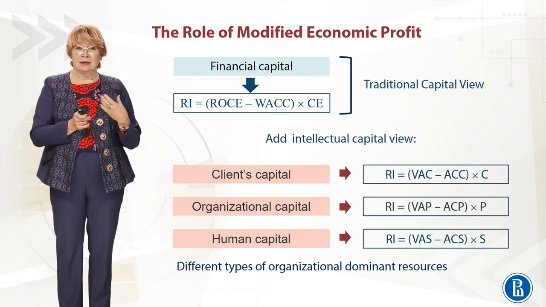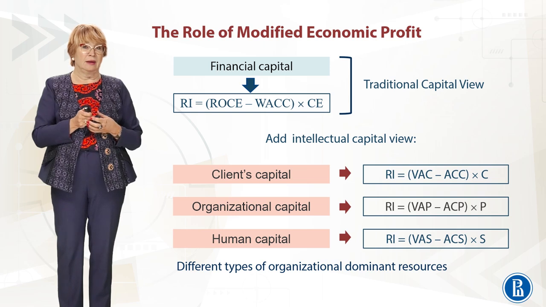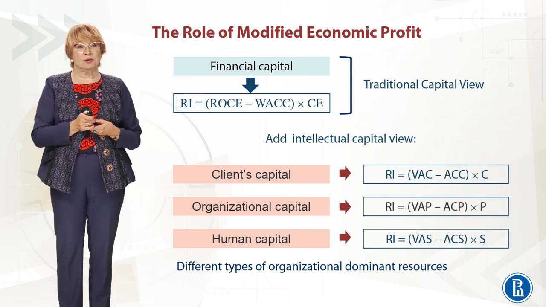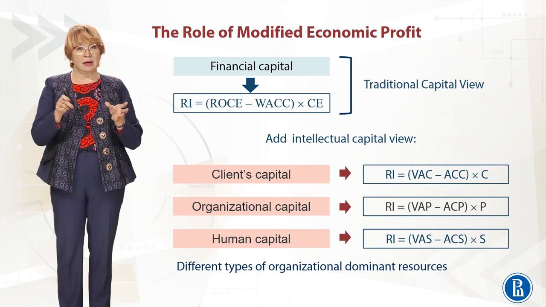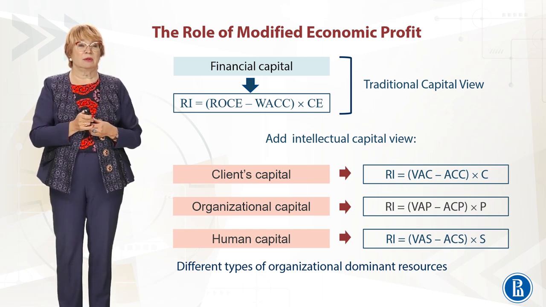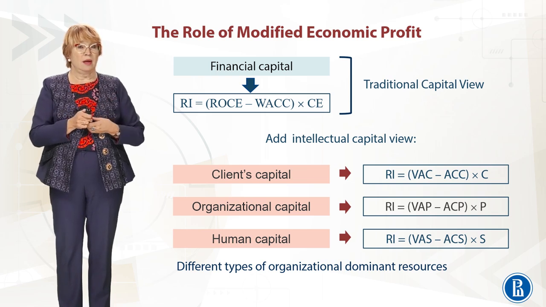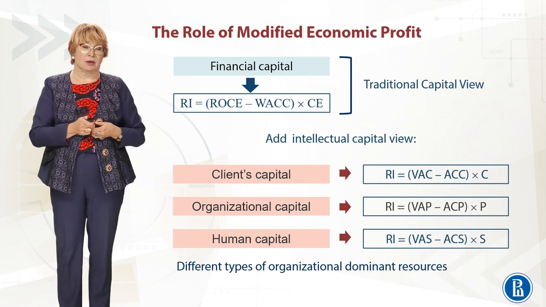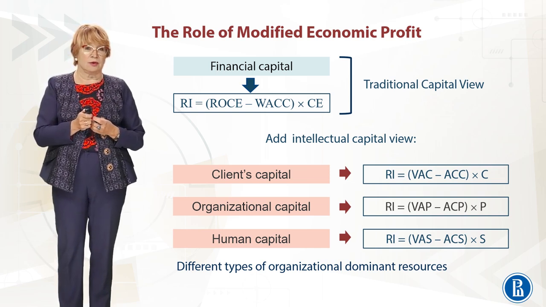So now, to summarize, when we add that particular vision, client's view, human capital view, and supplier's view, we've got three different lenses, three different aspects of economic profit creation. So combining the traditional capital view with these three new approaches, we will get a much smarter picture of how the company is creating and destroying value.